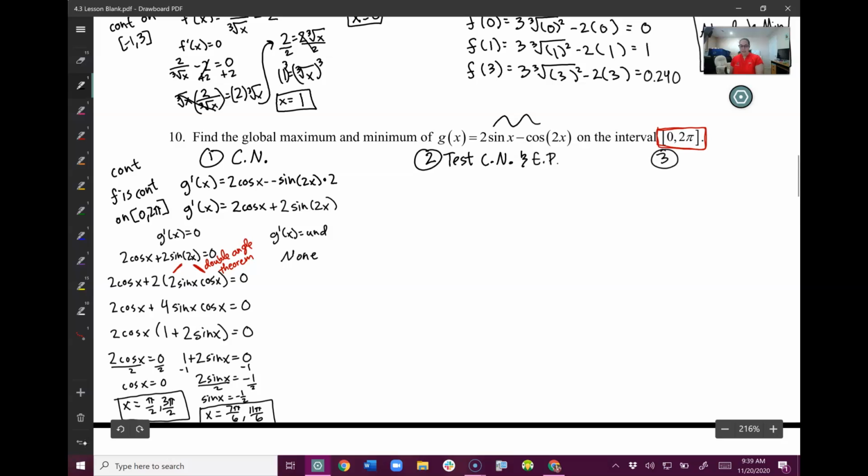So then the next step is to test all our critical numbers and our endpoints. So g of 0, g of pi halves, g of 3 pi halves, g of 7 pi 6, g of 11 pi 6, and g of 2 pi.